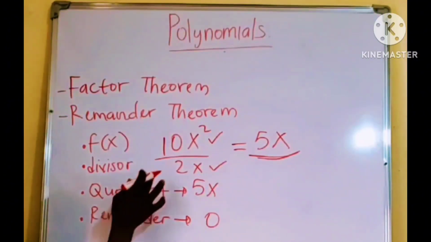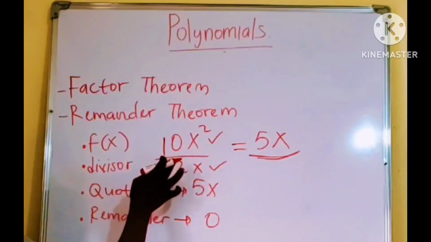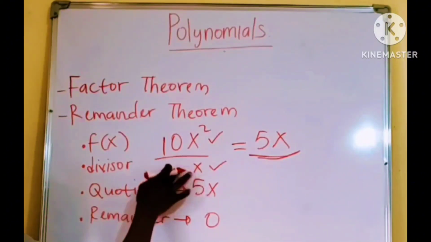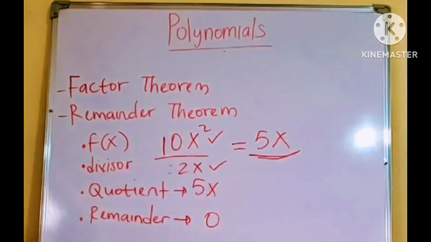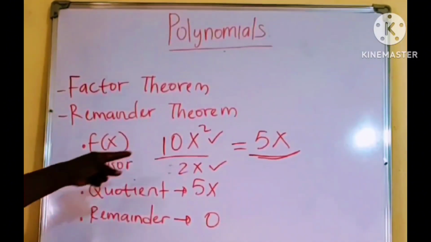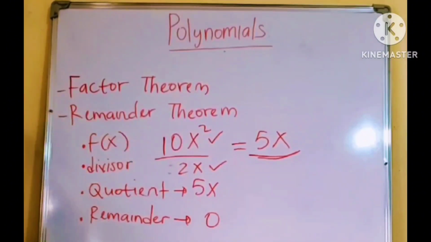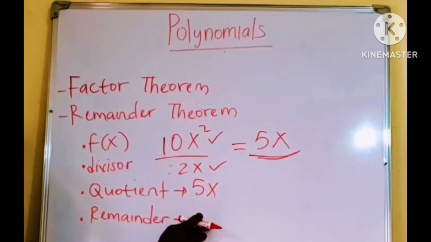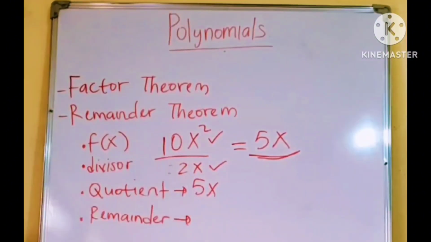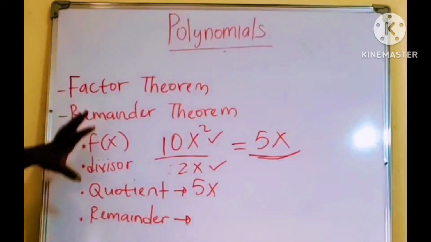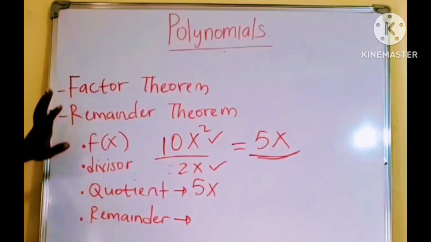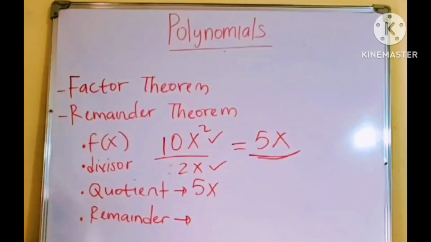If we have something like maybe 3, anything that is not a factor of the polynomial, then we'll have a remainder. I want you to understand that when dealing with polynomials, there's a factor theorem and there's a remainder theorem.